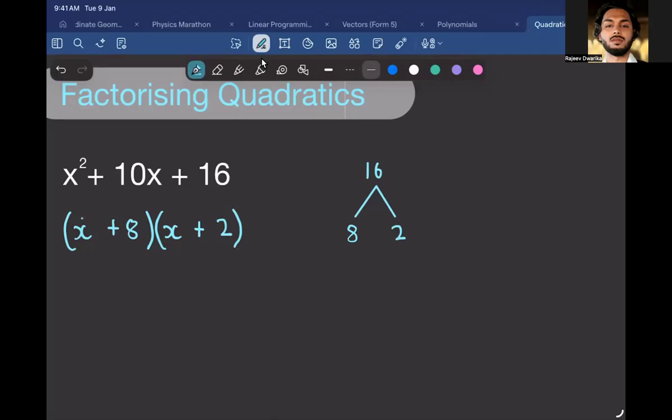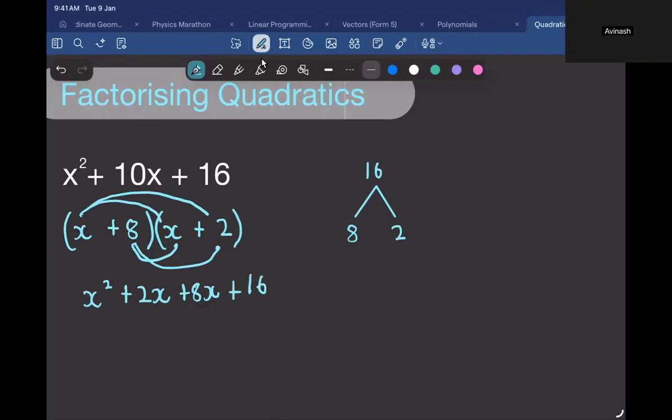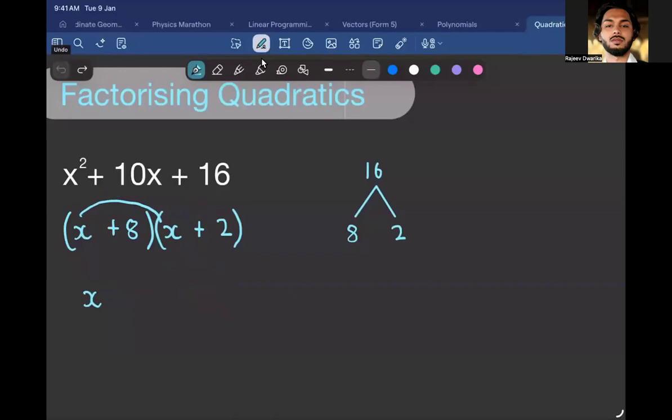X by x is x squared, then x by 2 is 2x, then 8 by x is 8x, then 8 by 2 is 16. Understand? Yes, sir. That's the entirety of it. Okay, good. And that's how you would check to see if your answer is correct.